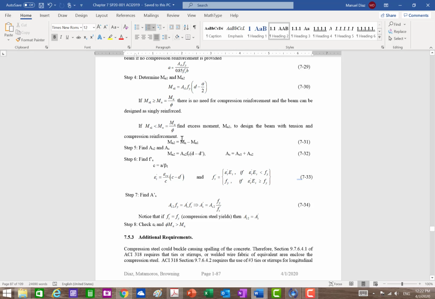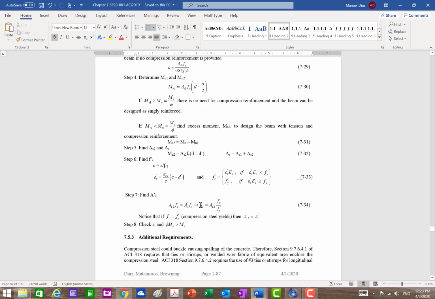You found here an area, but this is a second area that you need to carry the extra moment. That second area has to be equal to your force due to the compression. And so that solves now for your new area in compression.